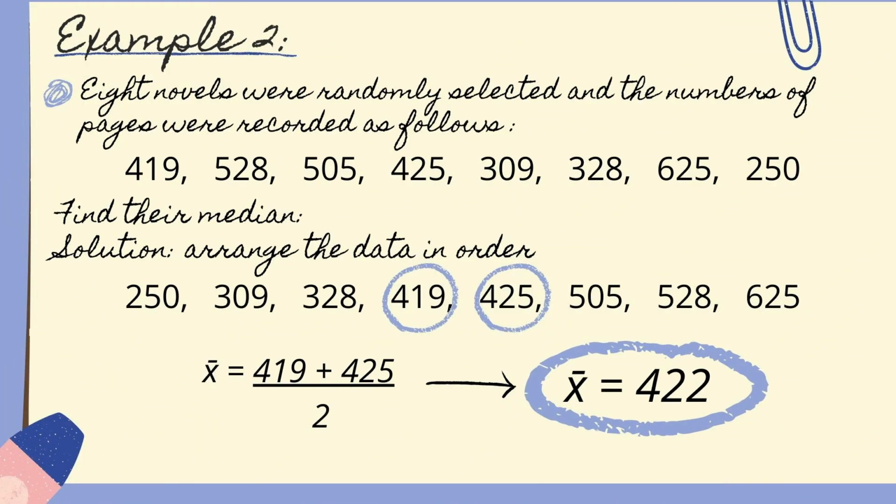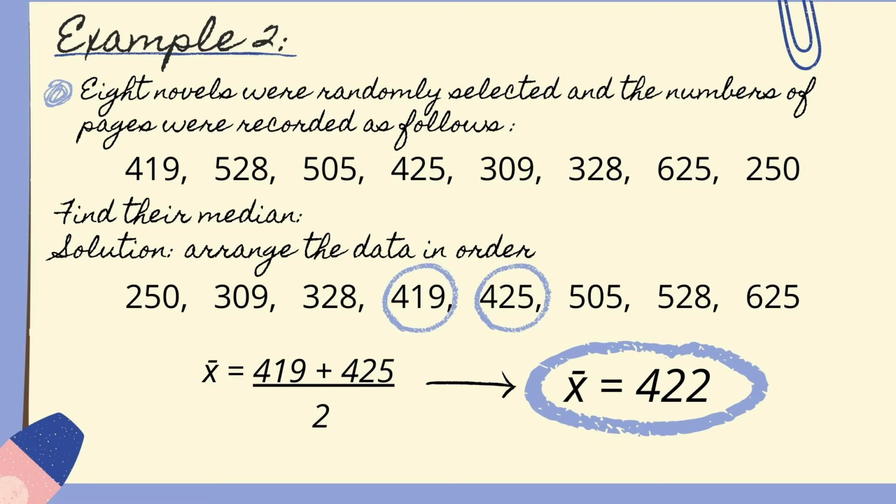For the second example, 8 novels were randomly selected and the numbers of pages were recorded as follows: 419, 528, 505, 425, 309, 328, 625, and 250. To find their median, we need to arrange the data in order.